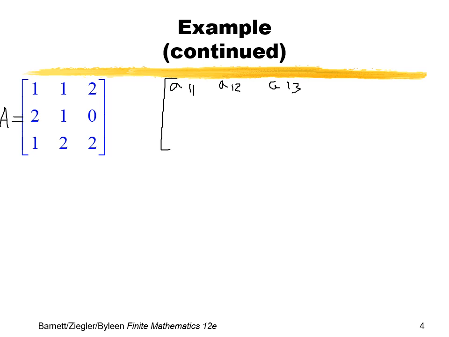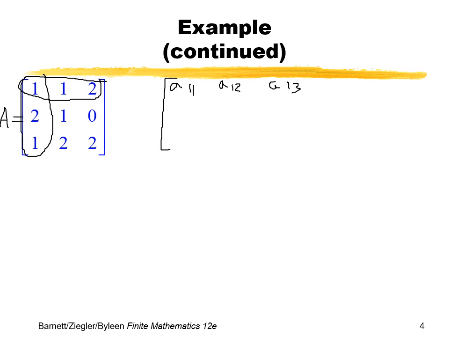Okay, the minor of an element, as we said, for example, the minor of the element A11, in the first row and the first column. So we will remove or cancel out the first row and the first column.